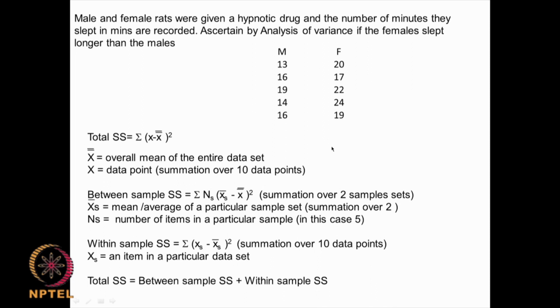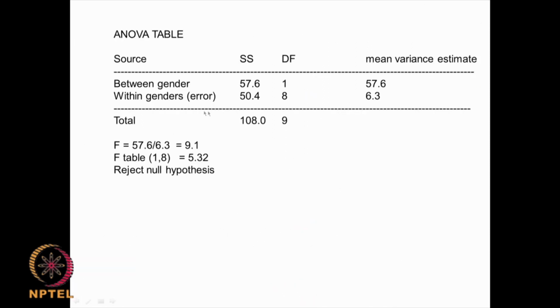Okay. So, I have the ANOVA table. So, for the total, I told you how to calculate, the degrees of freedom is 9. For between sample or between gender sum of squares, I know I have only 1 degree of freedom. I divide this term by this term to get the mean. My variance estimate within gender, the degrees of freedom is 8.